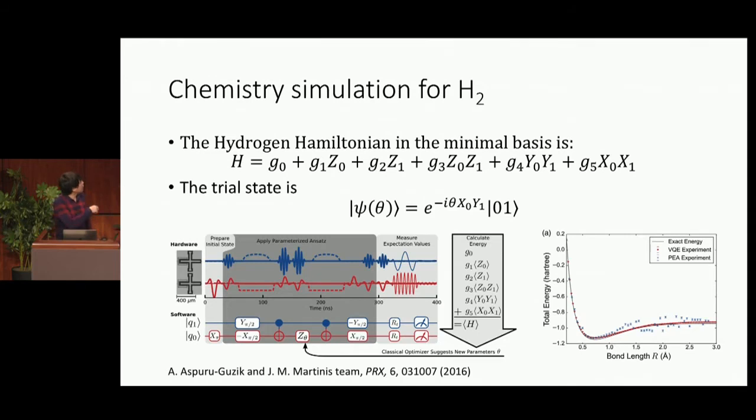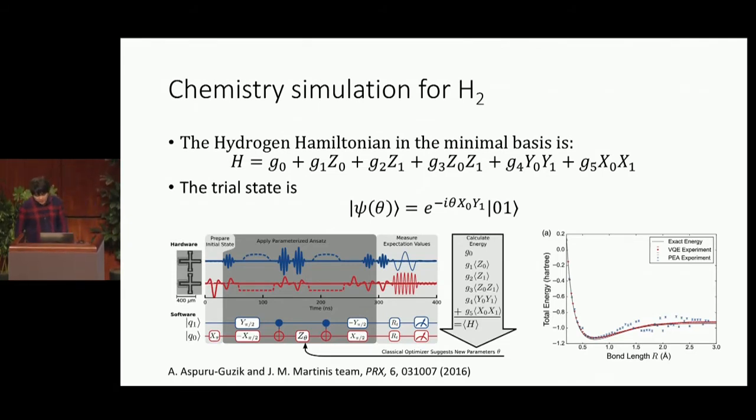Here is also their realization of the trial state, and on the right is the result of the ground state energy of the hydrogen. Here they compute both methods, variational quantum eigensolver and phase estimation.